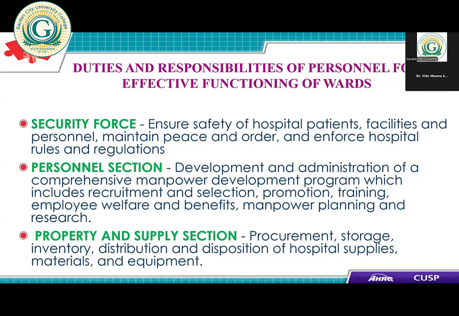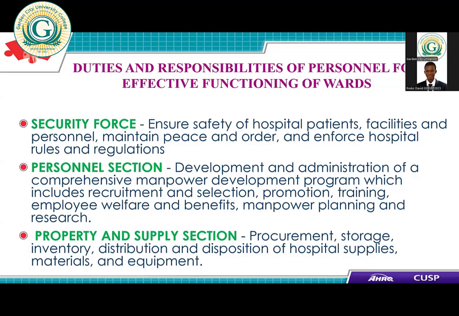And the personnel section is the development and administration of a comprehensive manpower development program, which includes recruitment and selection, promotion, training, employee welfare and benefits, and manpower planning. Property and supply is where we have procurement, storage, and inventory distribution. So hospital stations and supplies.